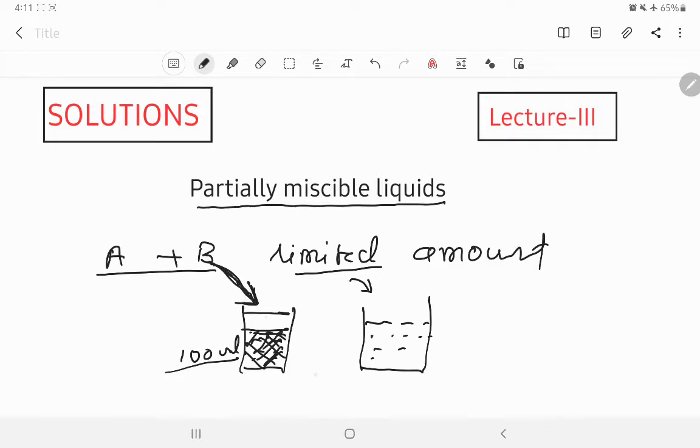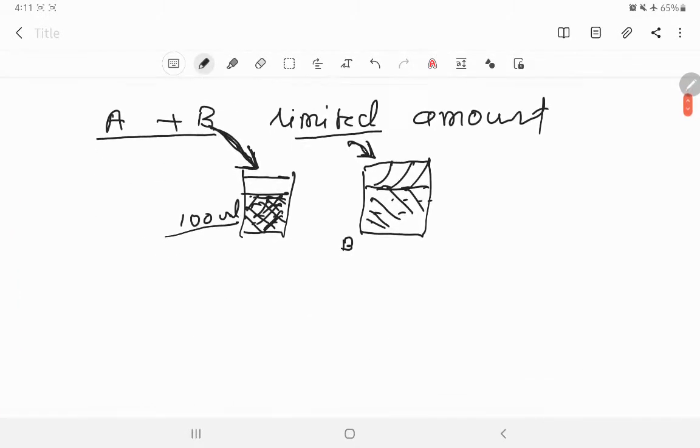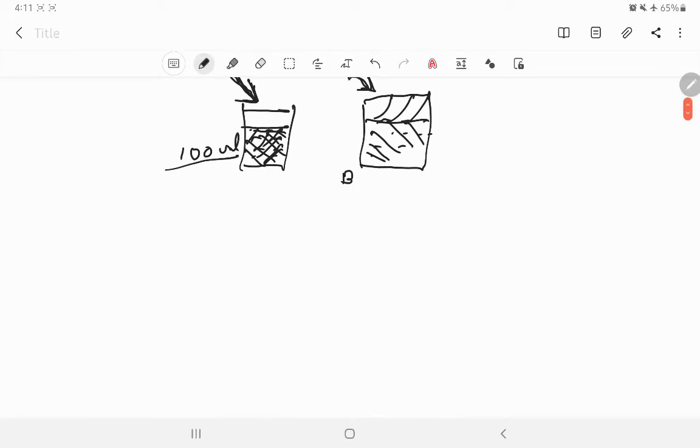Vice versa, if we take B and go on adding A, after some time two layers are formed. Such solutions are called partially miscible liquid pairs: liquid pairs which dissolve in one another to a limited extent.